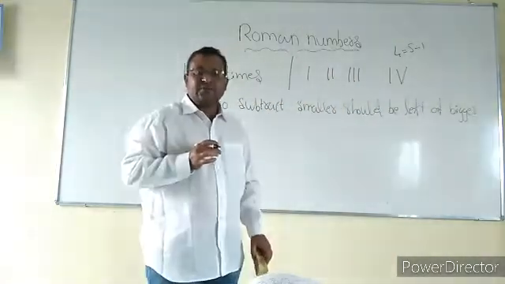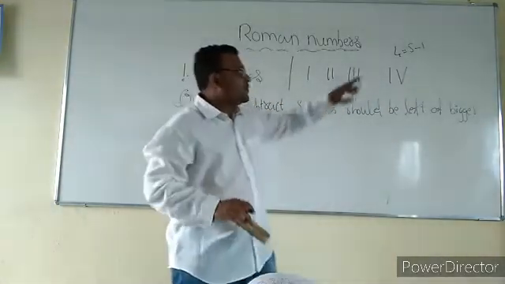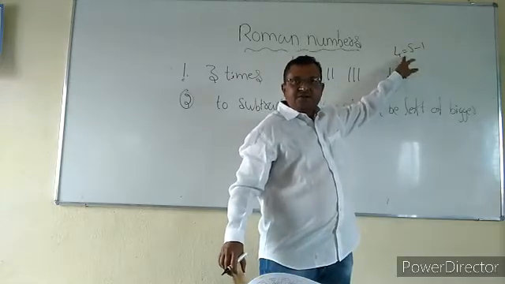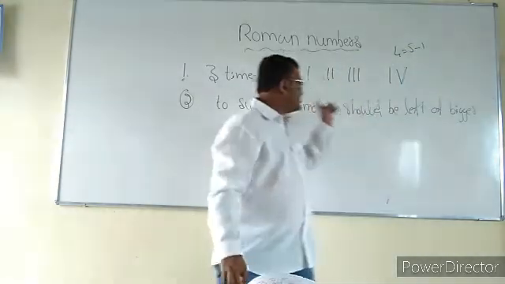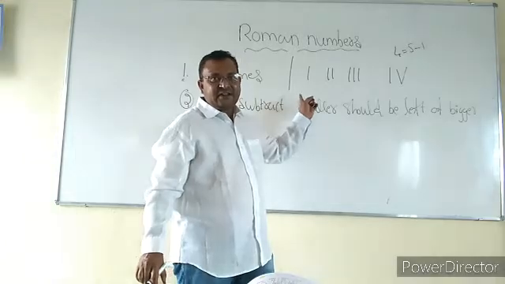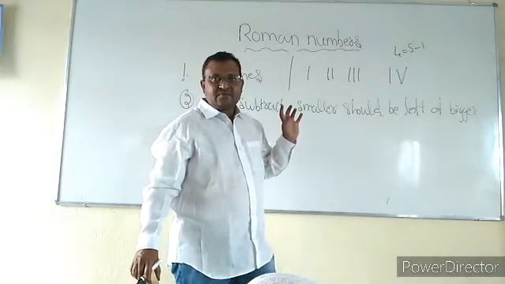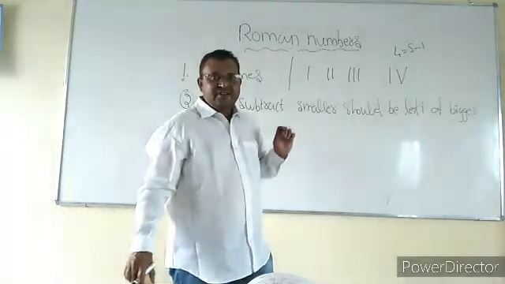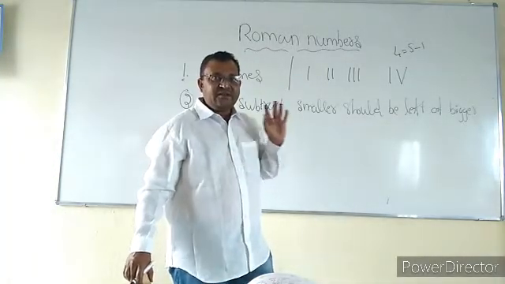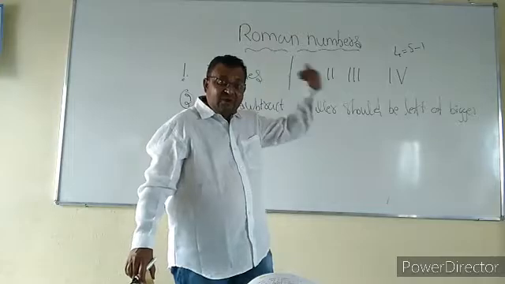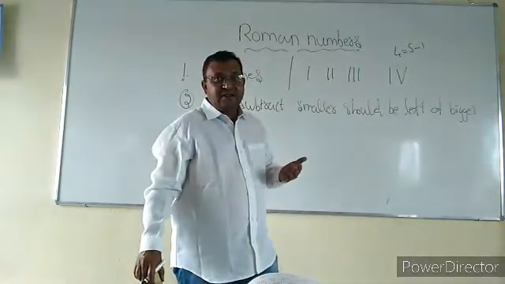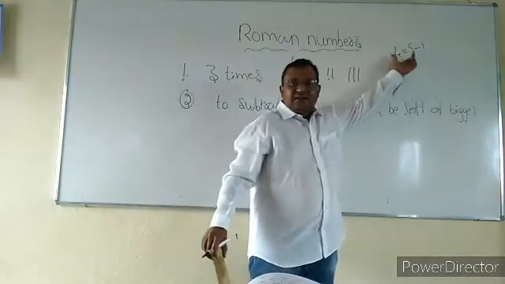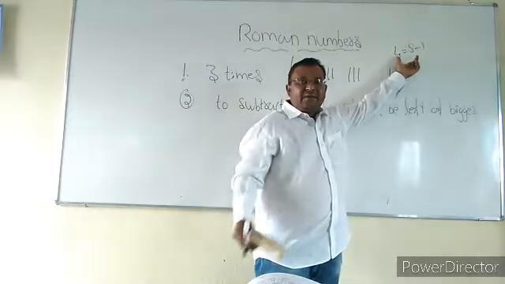Once again, 4 means we should not write I 4 times. Why? Because maximum 3 times only it is available. The fourth time, no permission. 3 times only we have to use maximum. Then how to write 4?